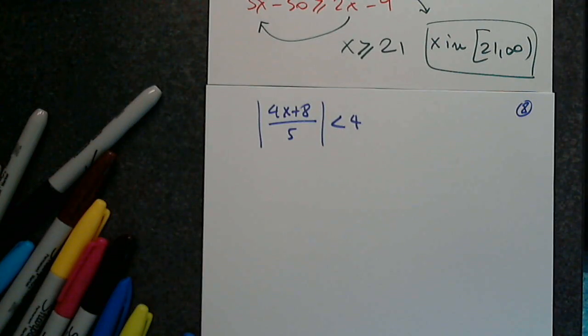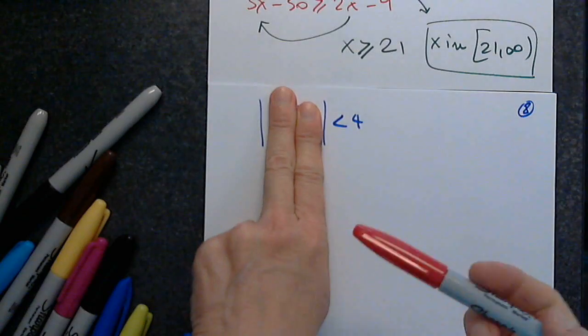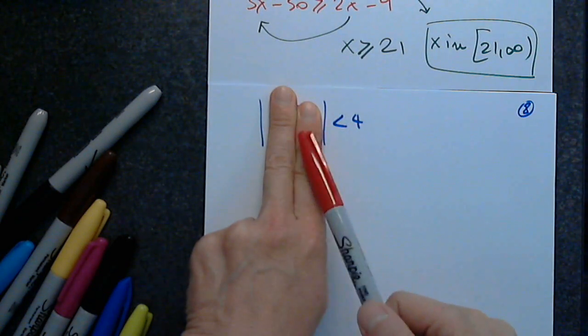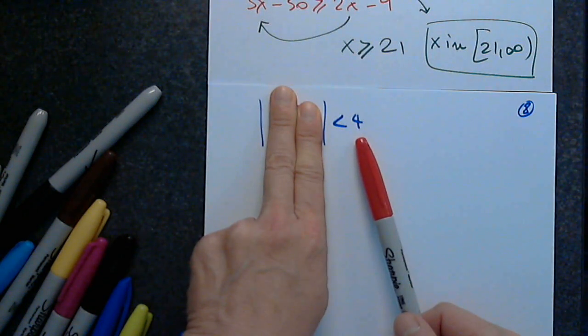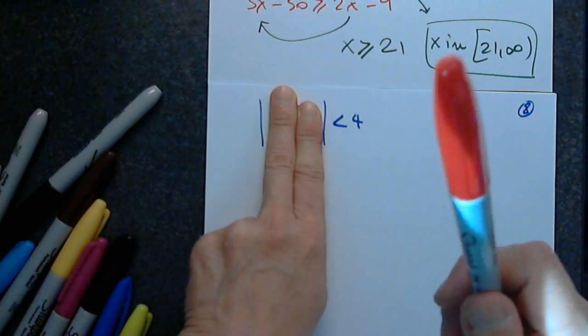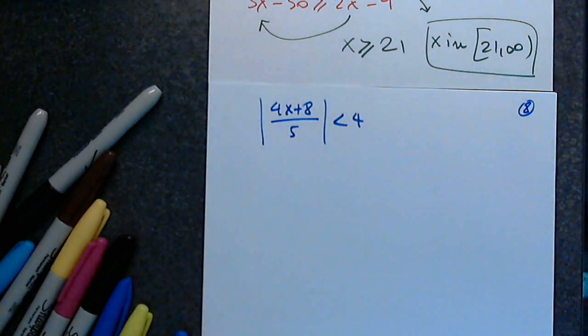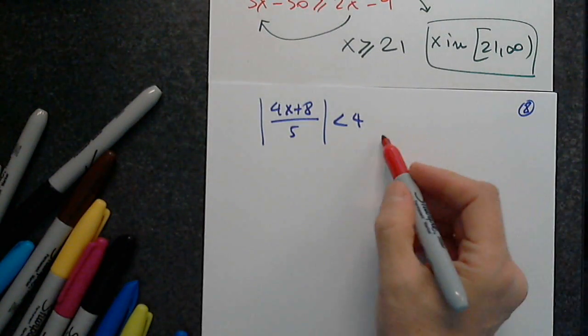All you have to do is just read it. So when I read this, I say: I'm looking for numbers whose distance from 0 is less than 4. Whatever the numbers are, the distance from 0 must be less than 4. So then how do I write this?